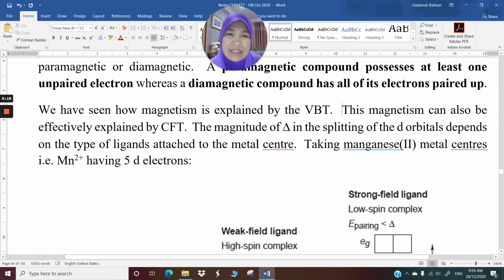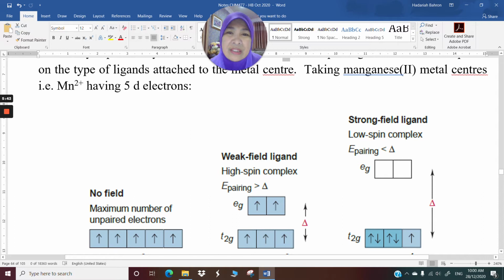Now, the magnitude of delta, which is the splitting of the d orbitals, depends on the type of ligands attached to the metal center. When you have strong field ligands, you have delta very big. When you have weak field ligands, such as the halogens, then you have delta quite small. And the size of this delta will determine whether you are going to get high spin or low spin.